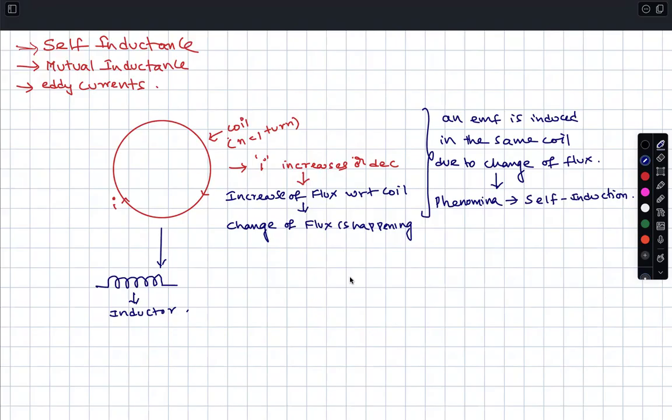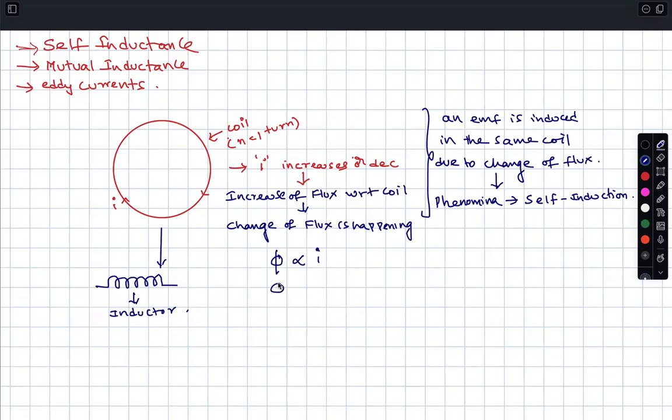Right. Now try to see how to understand this. The flux linked with this coil is proportional to the current passing through the coil. More is the current, higher is the flux.